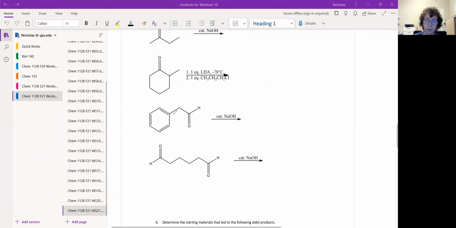Next one has another aldehyde. This time we have catalytic sodium hydroxide. So again, aldol conditions. I'll start by drawing this enolate, and it will be attacking another copy of a neutral aldehyde.